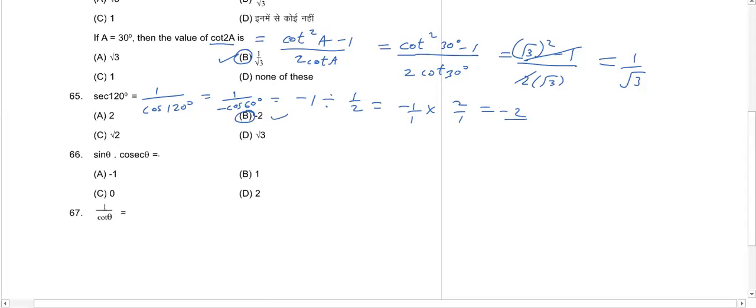Sine times cosec, that is just 1, because cosec is 1 over sine theta. Sine and sine cancel out, that is just 1. 1 over cot, that is just equal to tan theta.